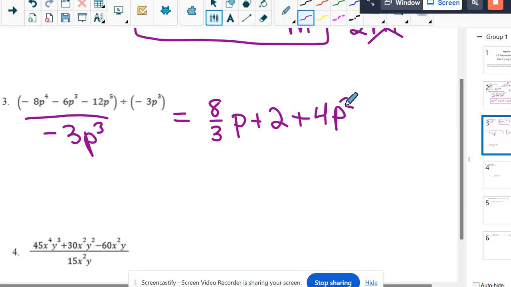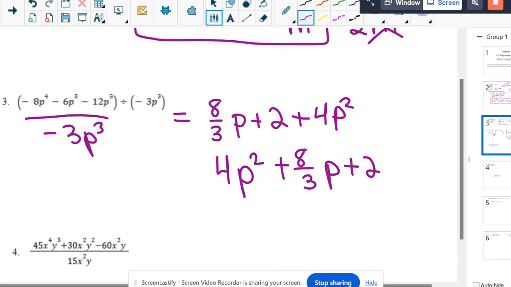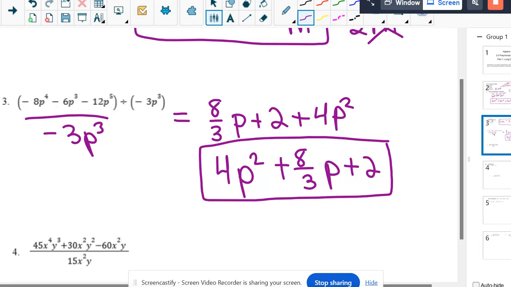The only thing you should do next is put it in standard form. Which term would go first if it was in standard form? Sammy? Yes. So write 4p squared plus 8/3 p plus 2. That is a quadratic trinomial.